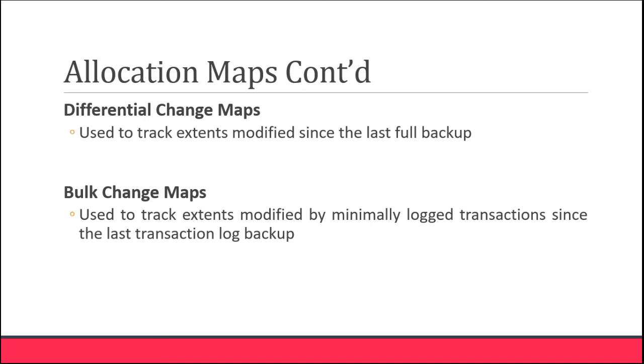That way, when you do a differential backup, it's able to know where to start from, because what a backup is doing is basically keeping a copy of the extents that have changed since the last full backup or since the last differential backup. So it needs to know where that change stopped, what is the last extent that was touched in that last backup.